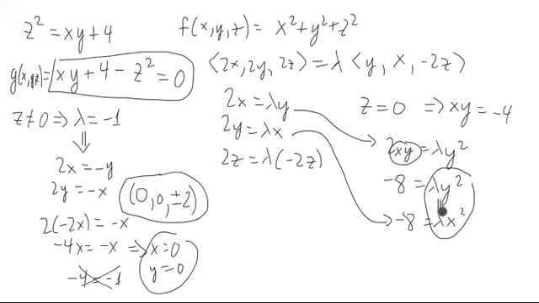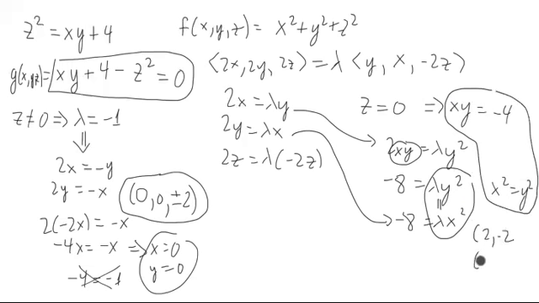We also know that xy is equal to negative 4, and we know that x squared is equal to y squared. These two conditions alone tell us that we get 2 solutions in x and y. We either get (2, negative 2) or (negative 2, 2), and we've required that z was 0.